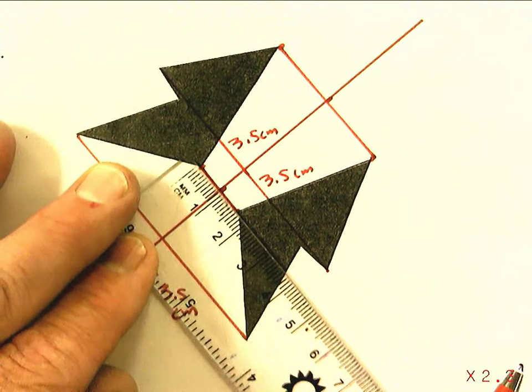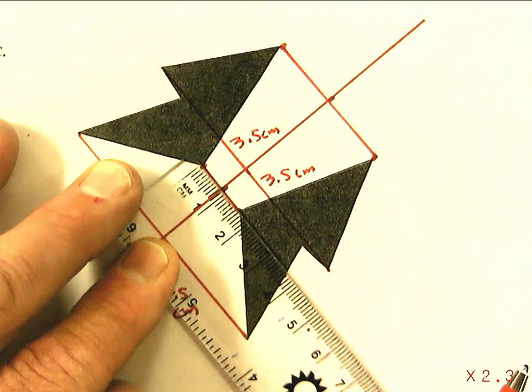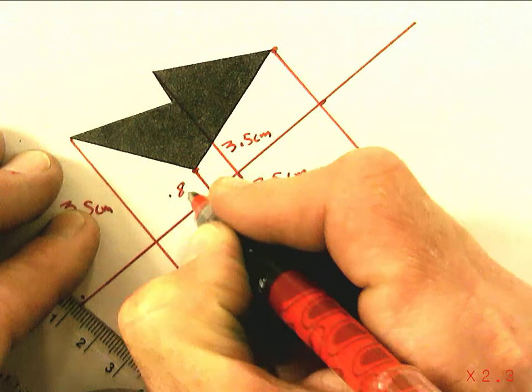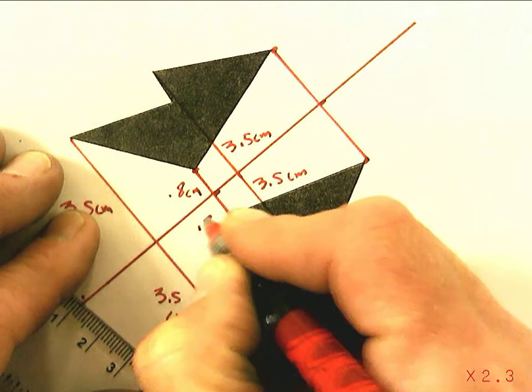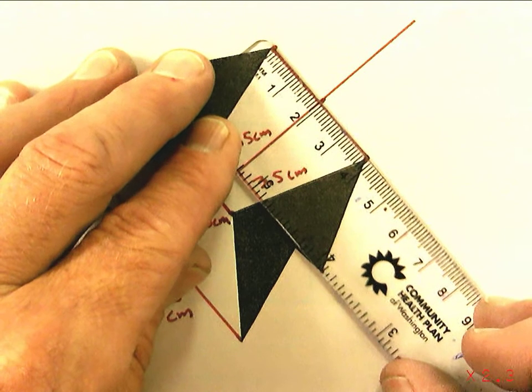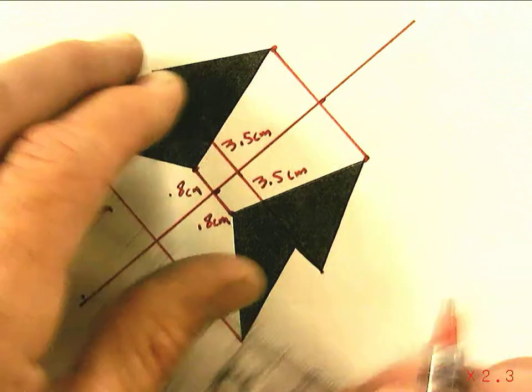We're going to go ahead and put in the measurements. That was 0.8 centimeters, 0.8 centimeters, and the top one was 2 centimeters on each side of the line.